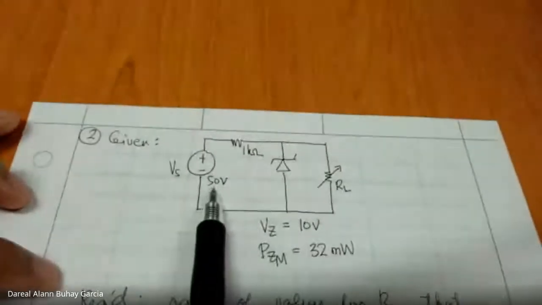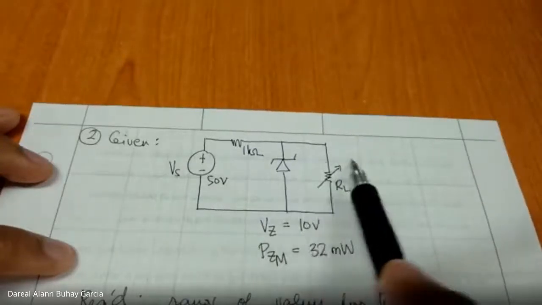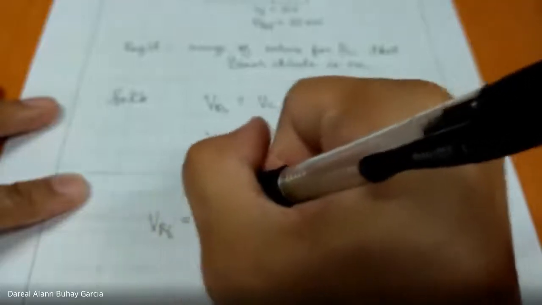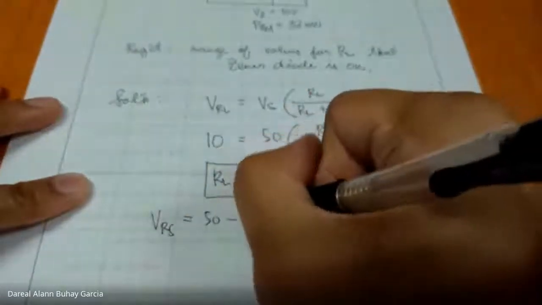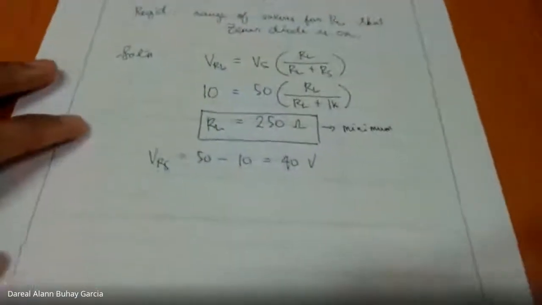So, if VS is 50, what is VRL? 10. So, VRS is equal to 50 minus 10, 40 volts.